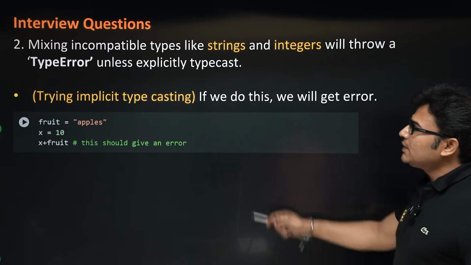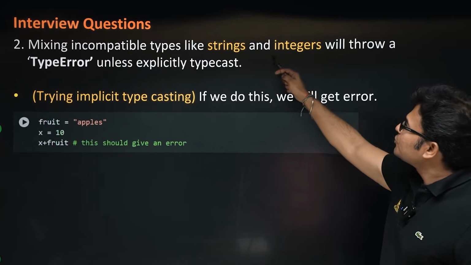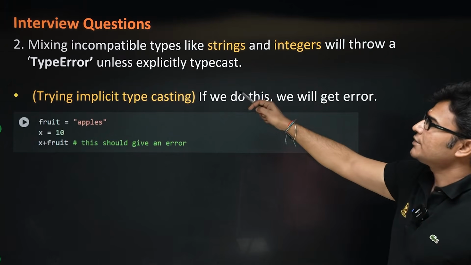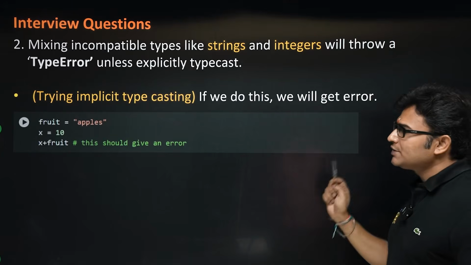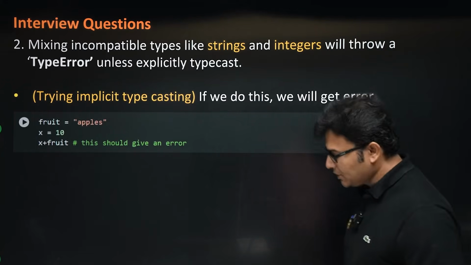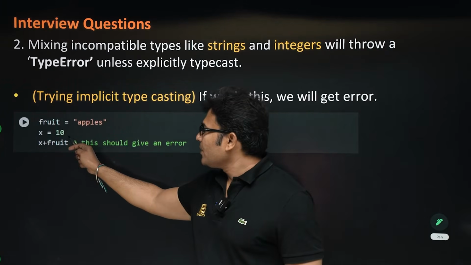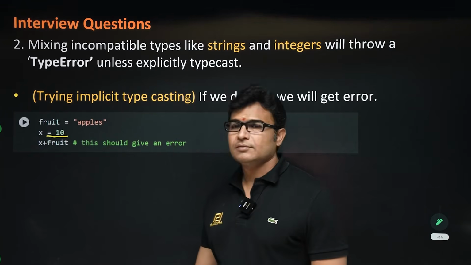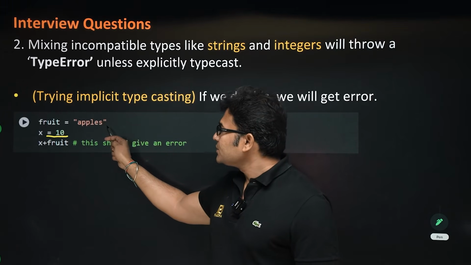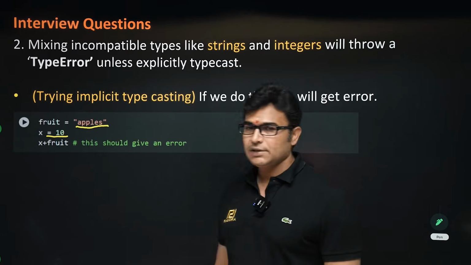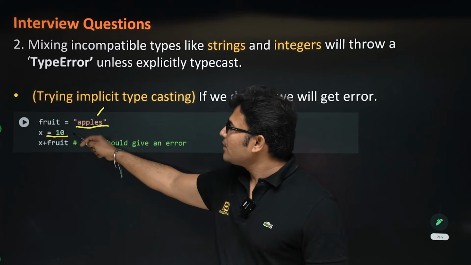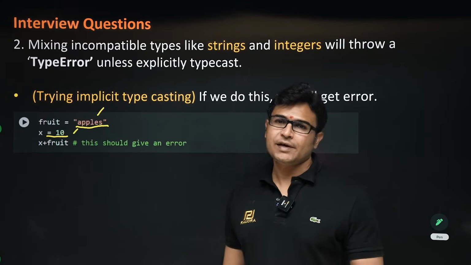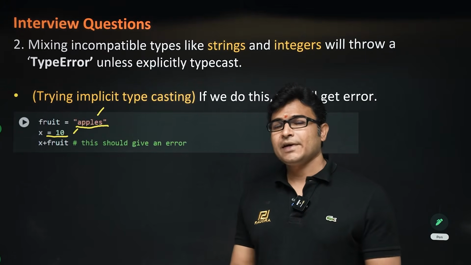And mixing incompatible types like strings and integer will throw an error unless explicitly typecasted. What does it mean? For example, x is a number, integer 10, and fruits is a string, apples. If I try to add a string with a number, it will obviously give error, right? So this kind of typecasting will not happen.